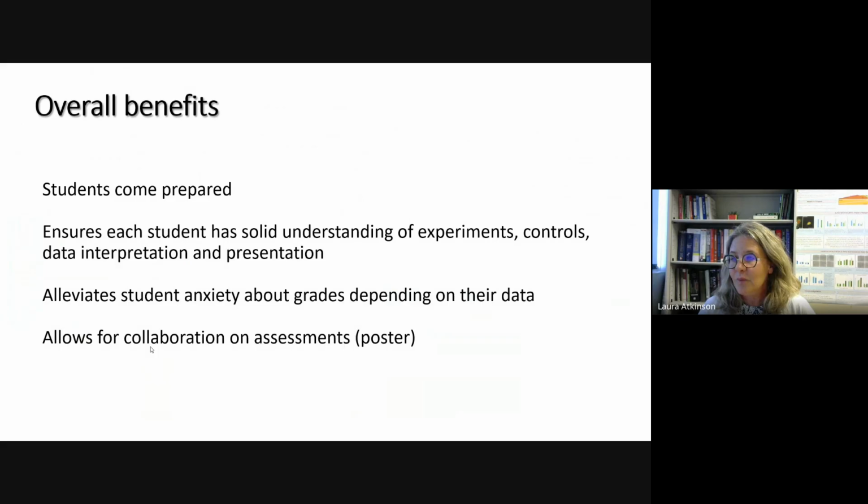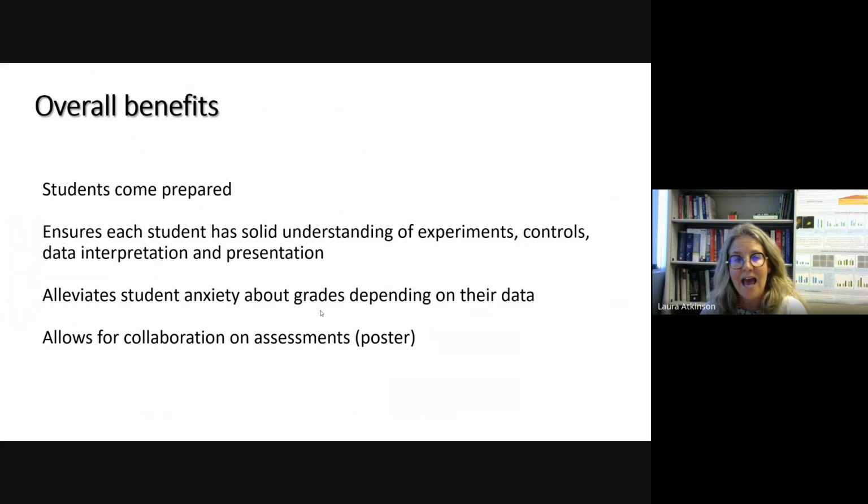I think as well, one of the issues with collaboration on research projects and collaboration on assessments is that we don't want to have too much of the grade on group work. So in this model, the experimental plans and the data submissions are individual, and it's over 50% of the grade.